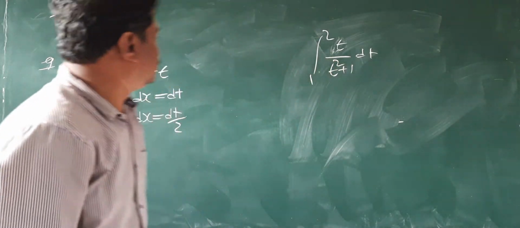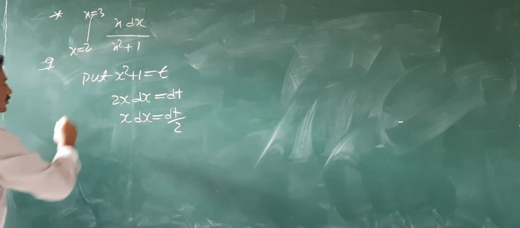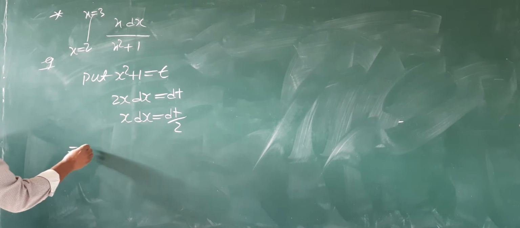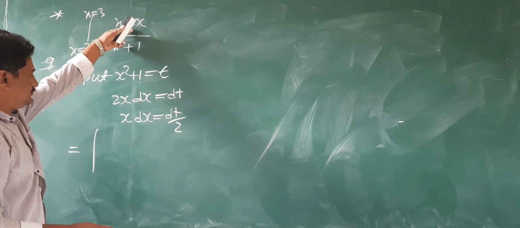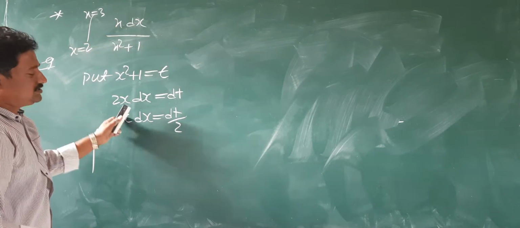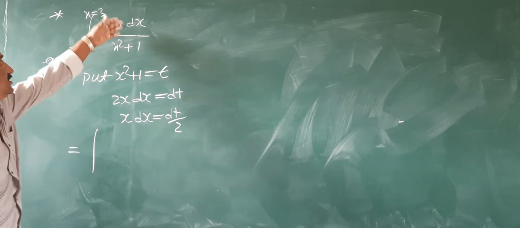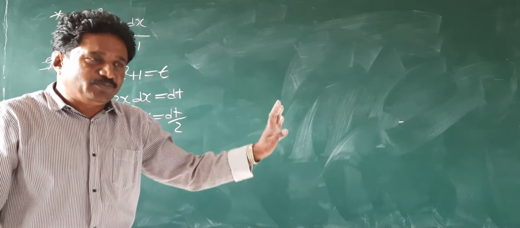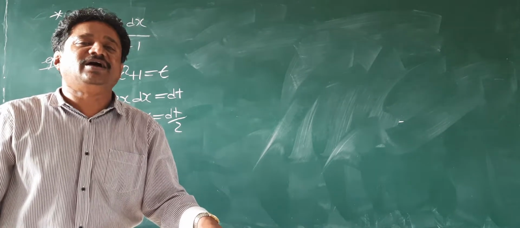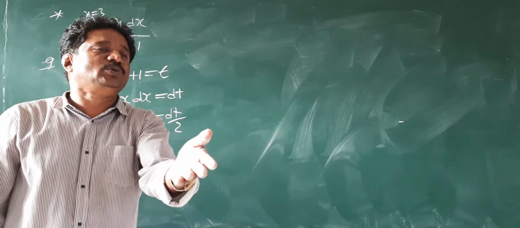Look at this, students. Substitute in that solution. Write x dx. How much is x dx? dt by 2. The putta method means changing all x terms into t. Substitute means replace: remove it and replace it.